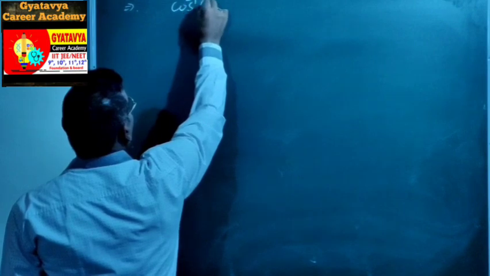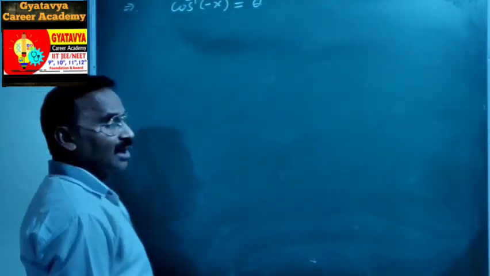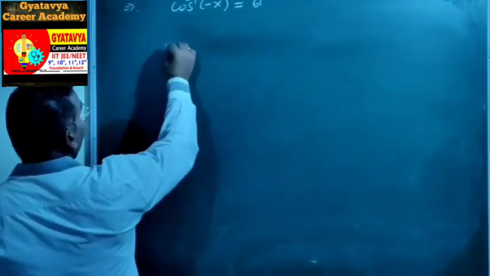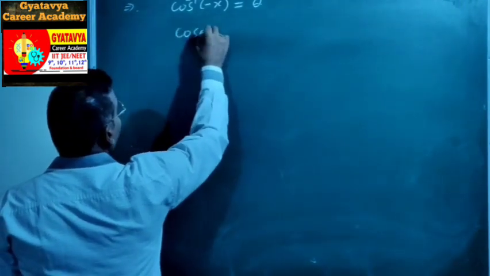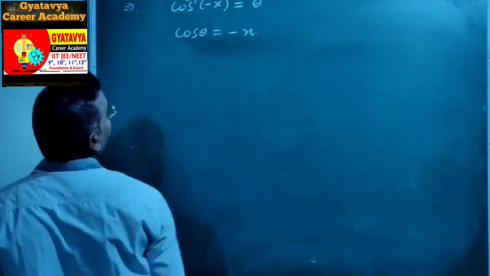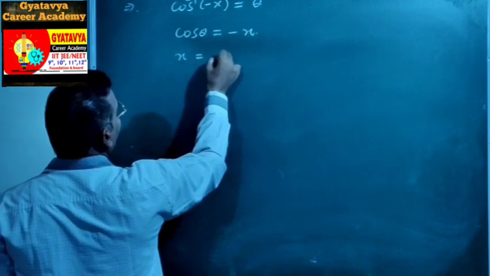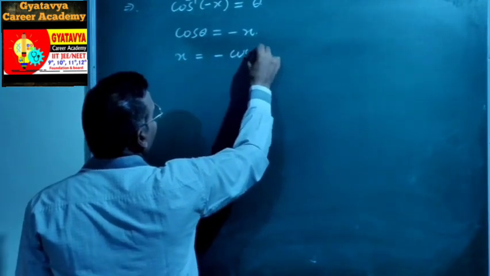Now the case of cos inverse minus x. So we take theta, whatever is given. Now convert into trigonometric function. So cos theta is equal to minus x. So x is equal to minus cos theta.